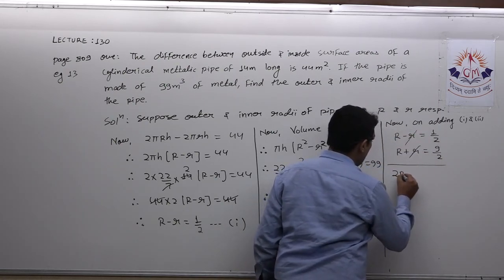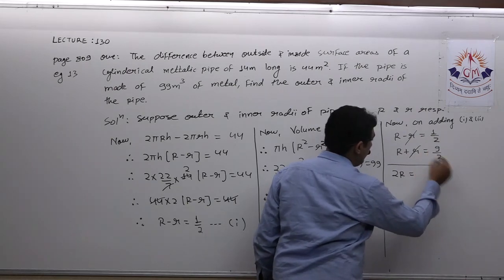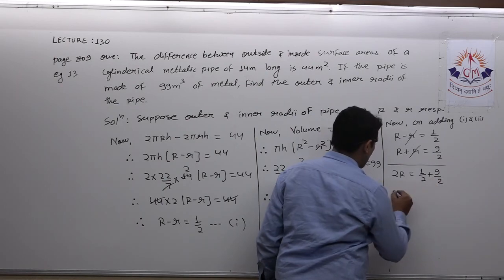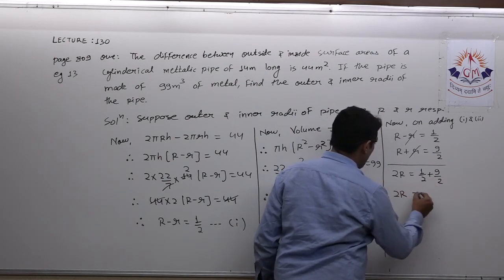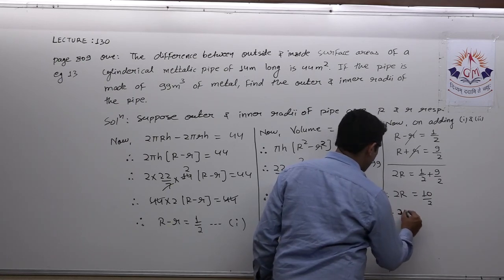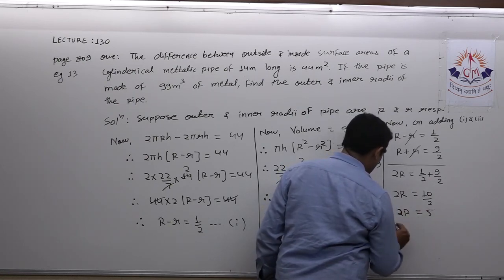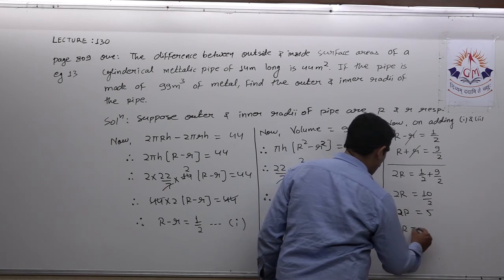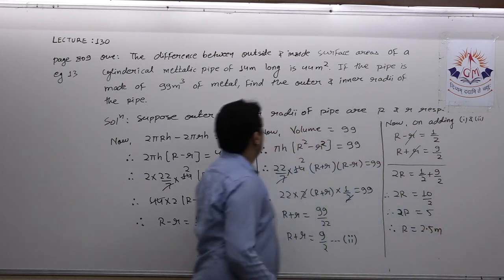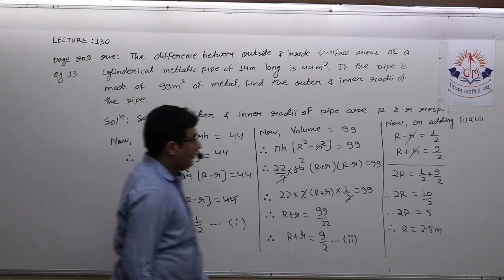I will get 2 into capital R equal to 1 by 2 plus 9 by 2. So 2R is equal to 10 by 2, that is 2R is equal to 5, and ultimately capital R is equal to 2.5 meter. Okay, that is the value of capital R.